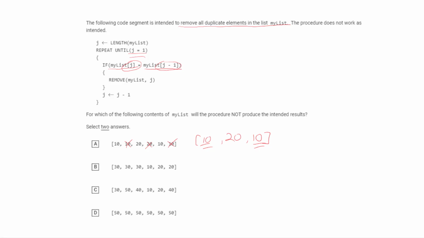It seems pretty clear, by the way, if you look at this problem, that the time where it's going to fail is if you have duplicates that are non-consecutive. So in this case, for example, you have 10 here, and then you have something between that and the other 10s over here. So you have kind of 10s that are separated by other numbers. So those kinds of duplicates will fail to be removed.